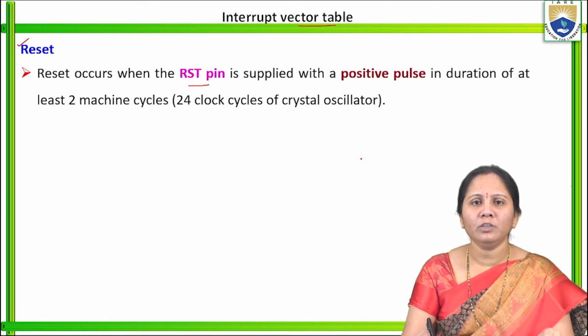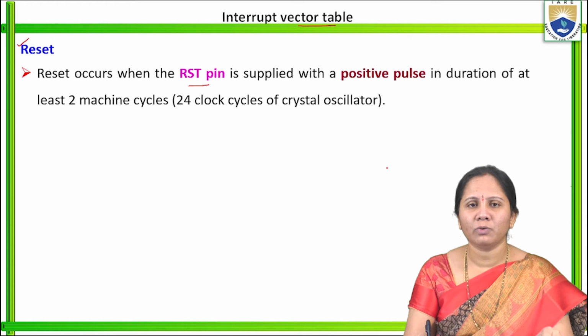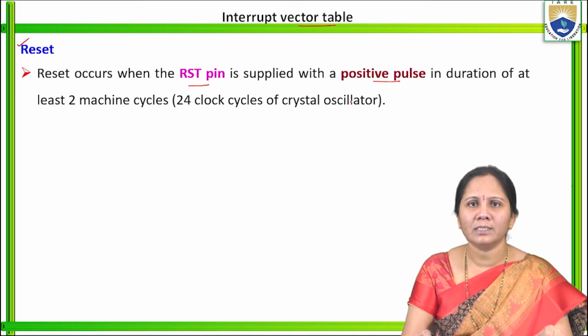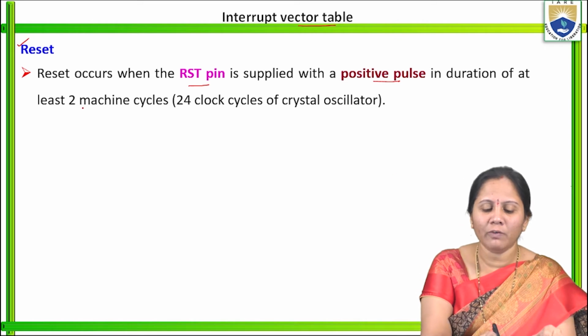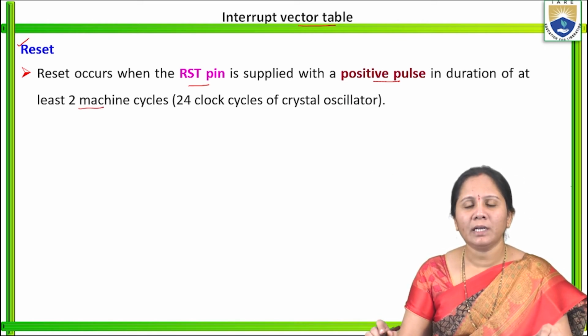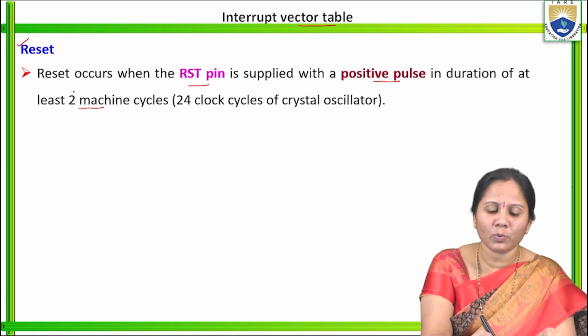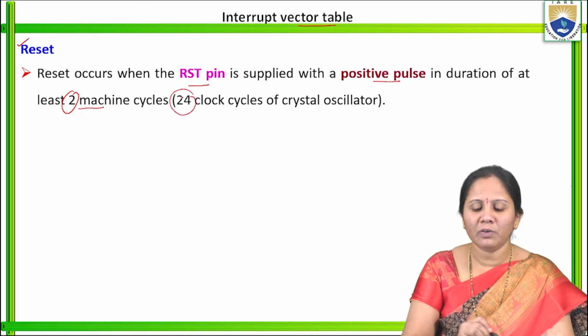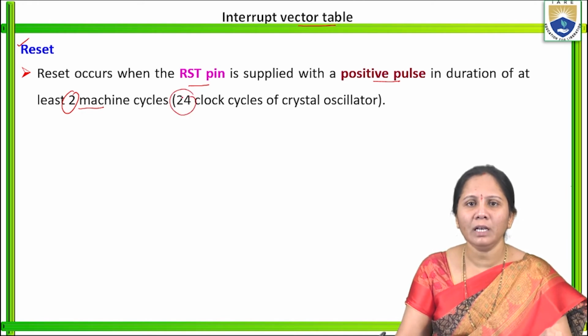In order to reset the 8051 microcontroller, we have to provide a positive pulse through this RST pin with a duration of at least 2 machine cycles. One machine cycle consists of 12 pulses, so since it takes 2 machine cycles, in total it consists of 24 clock cycles of the crystal oscillator.